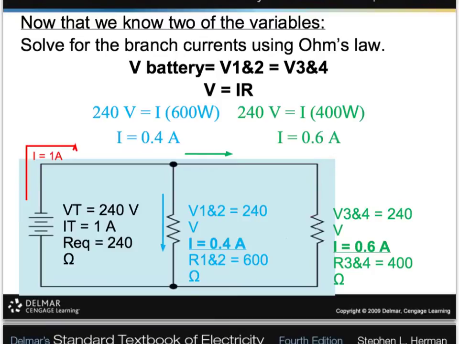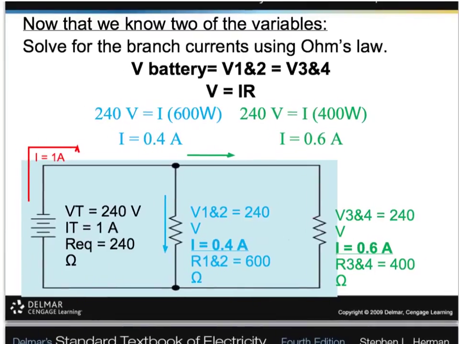So now what we know is the voltage going through the first branch, and we know the resistance of the first branch, so we can do V equals IR. 240 volts is equal to the current times 600.